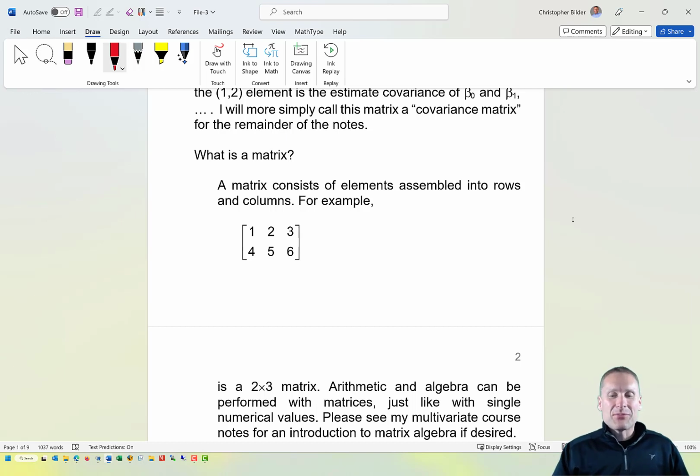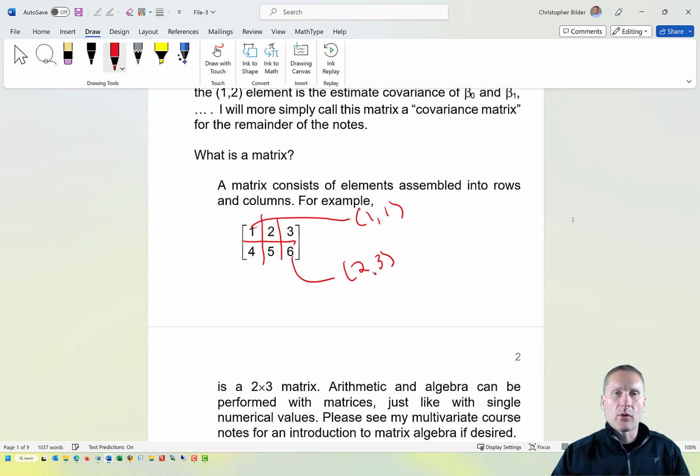A matrix simply is a number of elements that are assembled into rows and columns. In this particular case, we have 2 rows and 3 columns of numbers. This 1 here is often referred to as the 1, 1 element. The 6 here will be referred to as a 2, 3 element, where we always say the row number first and the column number second.